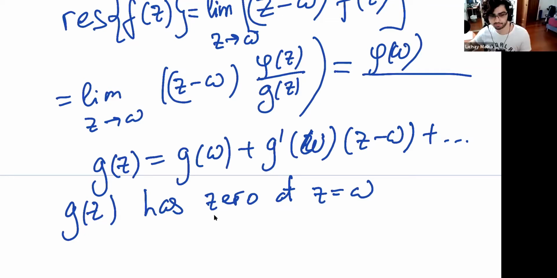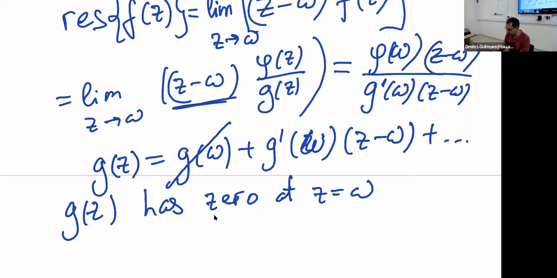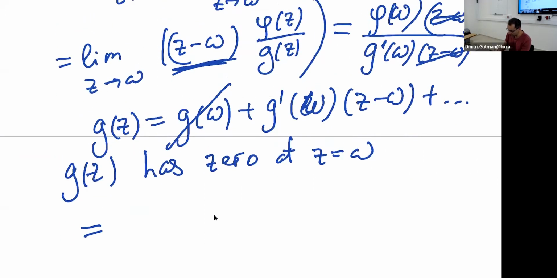Just 0. Correct. So we end up with g prime at the point w times z minus w, and the z minus w coming from this factor cancels, and we see that the limit is phi at the point w divided by g prime at the point w.